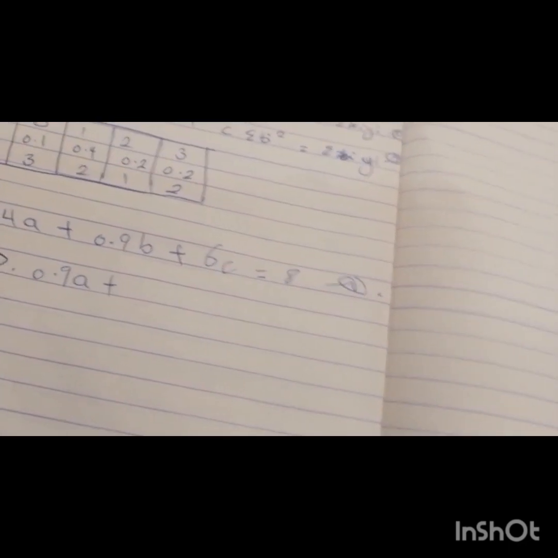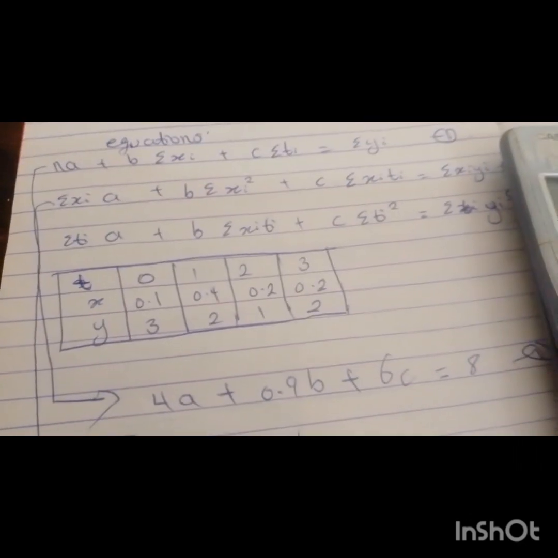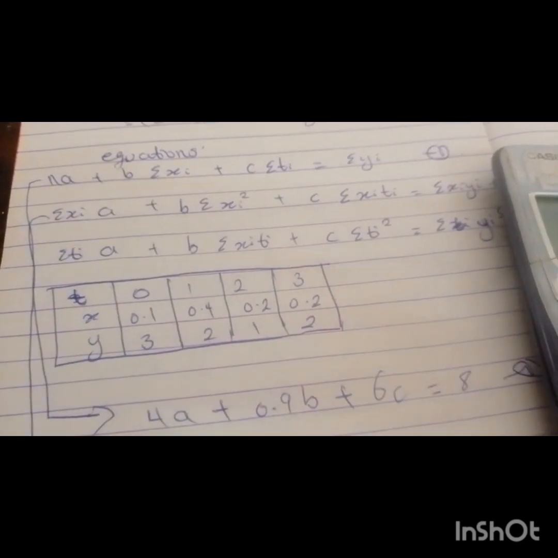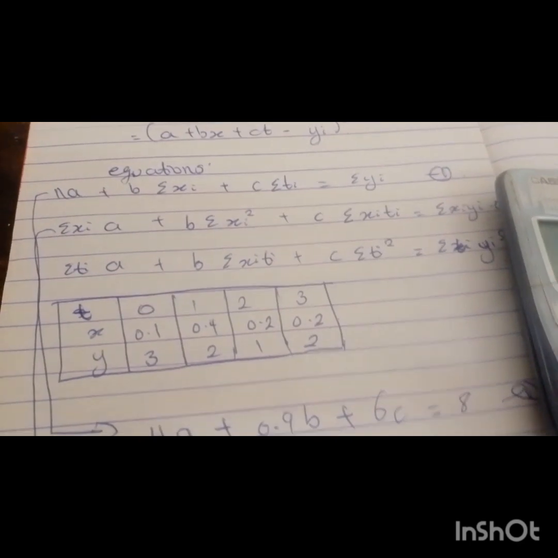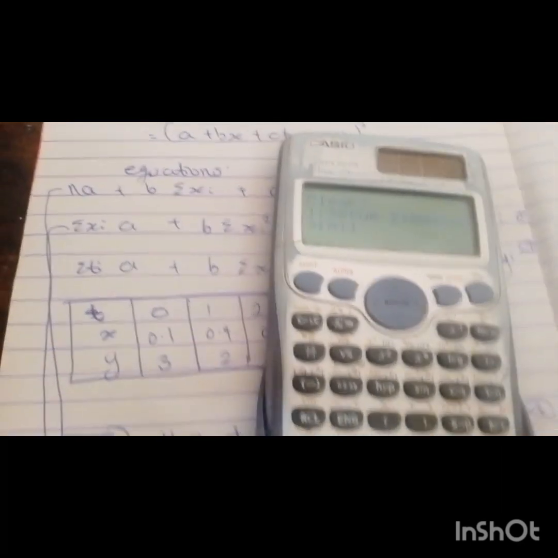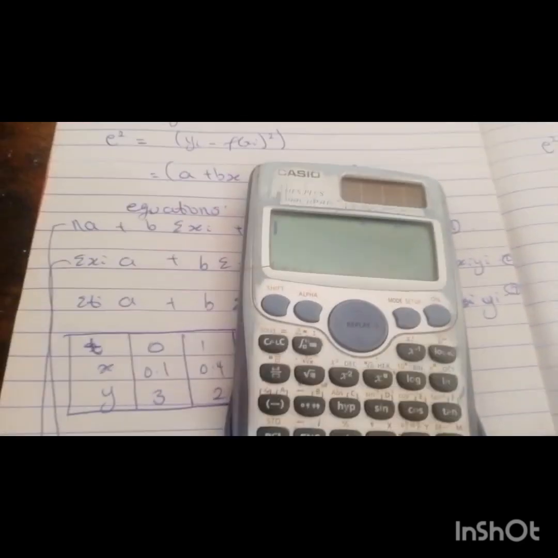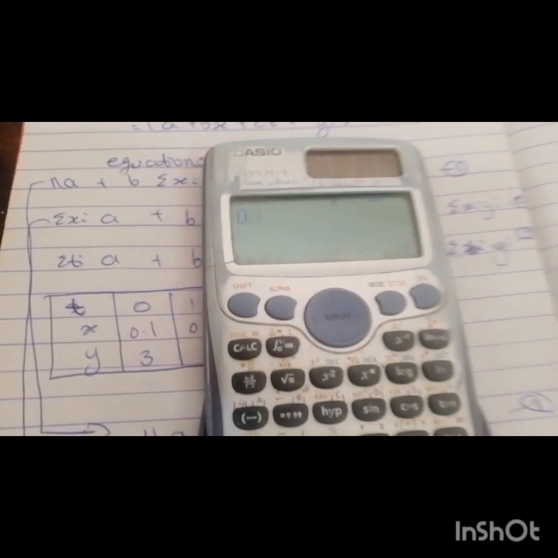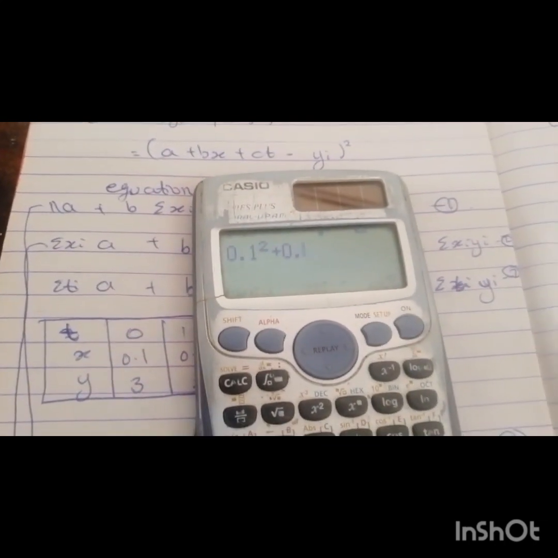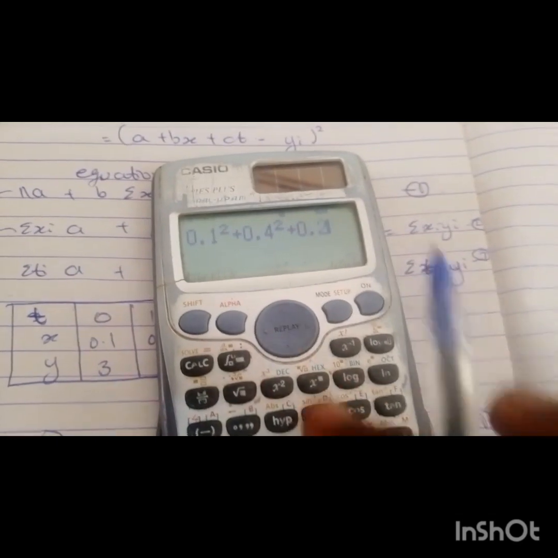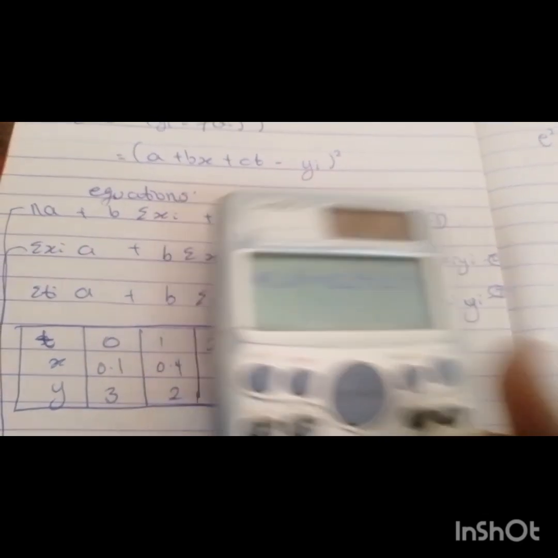So you have to be careful. You don't say 0.9 squared, you say 0.1 squared plus 0.4 squared plus 0.2 squared plus 0.2 squared. Let me clear my calculator.